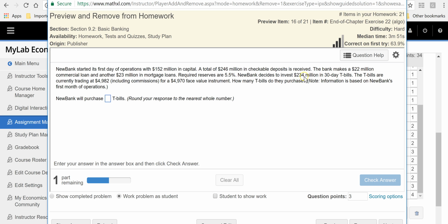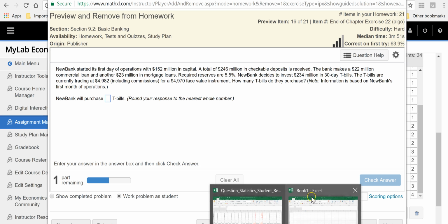That's going to be $234 million, and each T-bill is traded at this price. So to get the number of T-bills that they can purchase, we can just divide this total amount spent buying the T-bills by the price per T-bill.